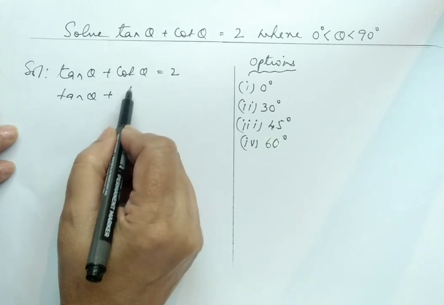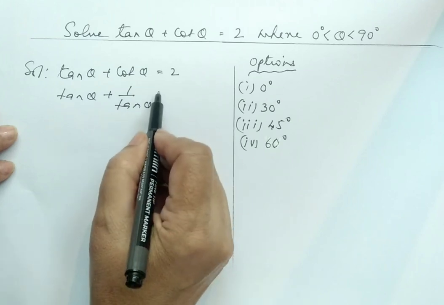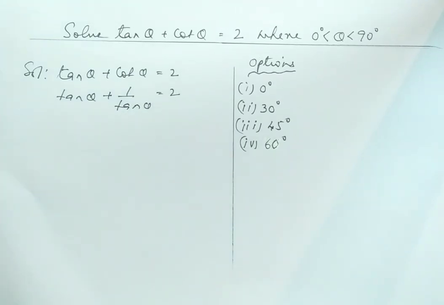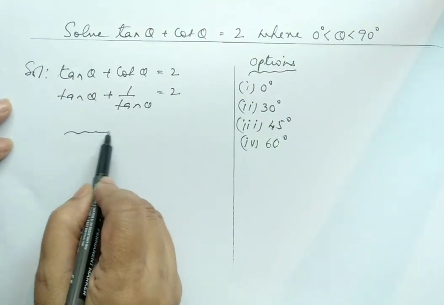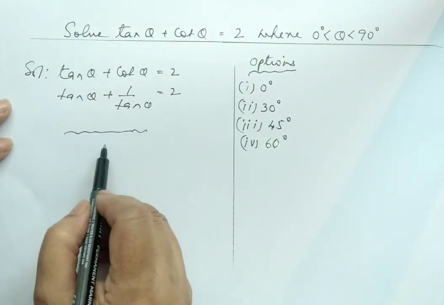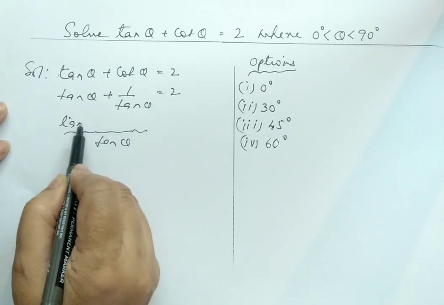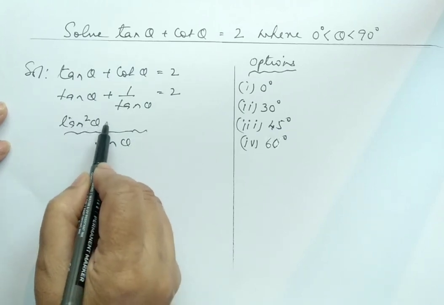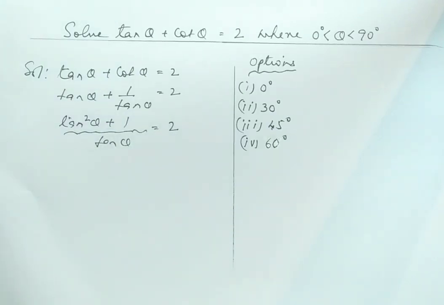Cot we know it's 1 by tan. So far so good. What next? Next is when we simplify this, tan theta, we get tan square theta plus 1.